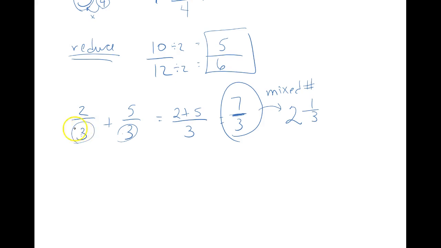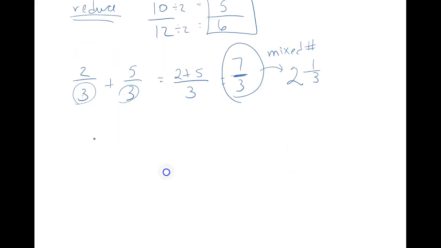How about, what if you want to add or subtract 2 fractions and they do not have the same denominator, okay? So what happens in this case is you are not allowed to do anything yet. You have to make these 2 numbers the same. How do you make these 2 numbers the same? Well, you look for a number that they both go into, okay?